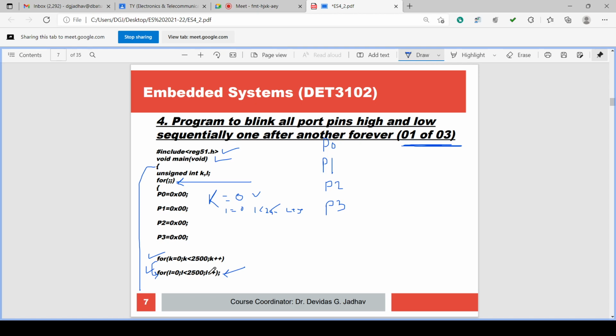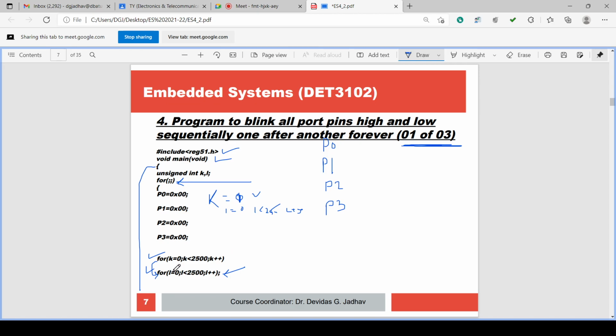Okay. In itself. And then it will go to k equal to 1. Now instead of 0, k becomes 1. Again k is less than 2500, it is true. But since it is not having a semicolon, it will execute the next for loop along with it.